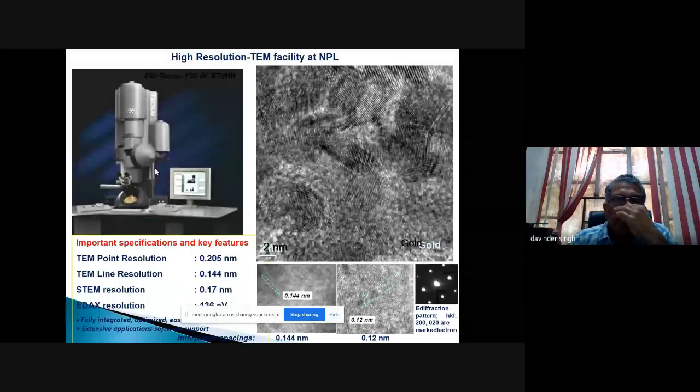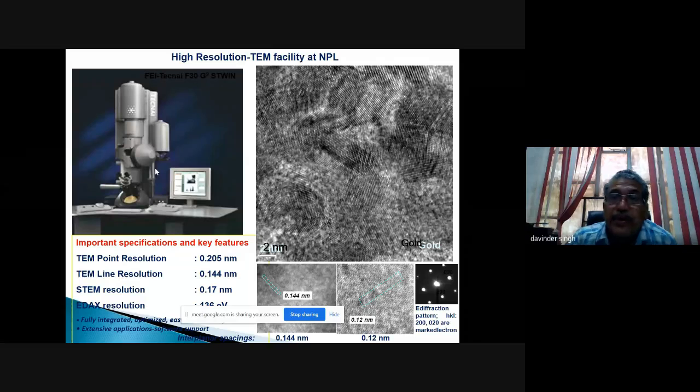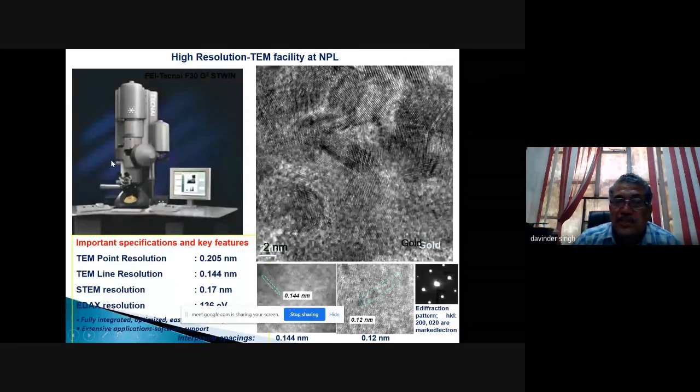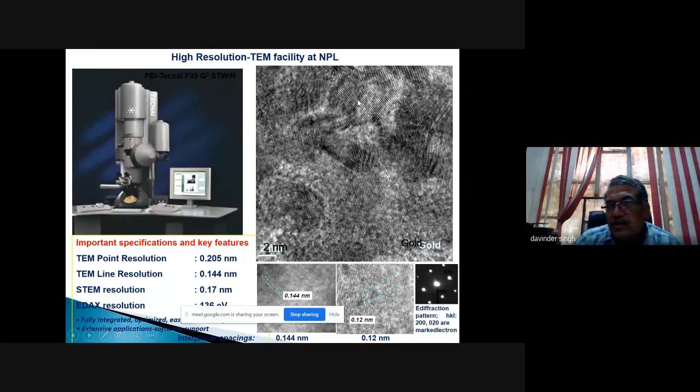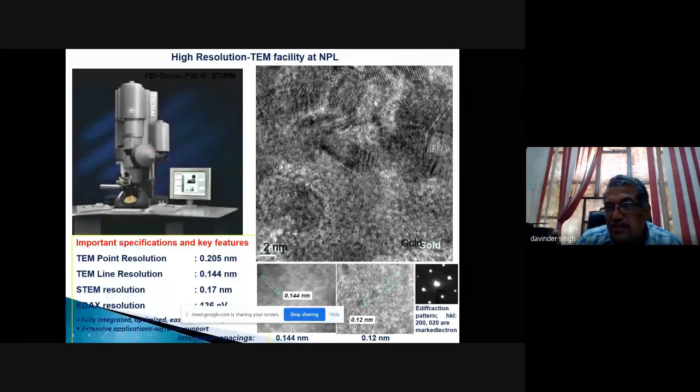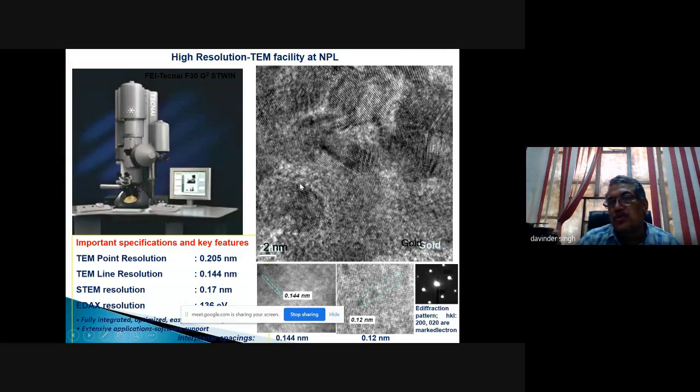This is a picture of what my student was doing in his PhD. It's basically from NPL, the facilities available at the National Physical Laboratory, Delhi. If you see here, the gap between lattice and lattice is very accurate, with a size of 2 nanometer. If you see, this is 0.144 nanometer accuracy, and with the resolution you can do 0.12 nanometer.